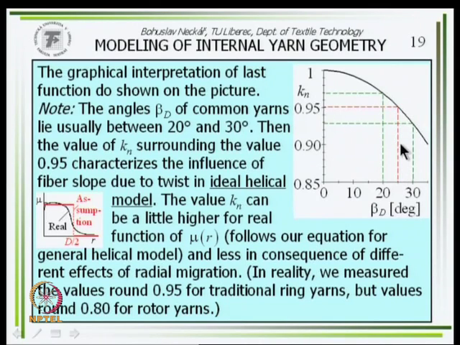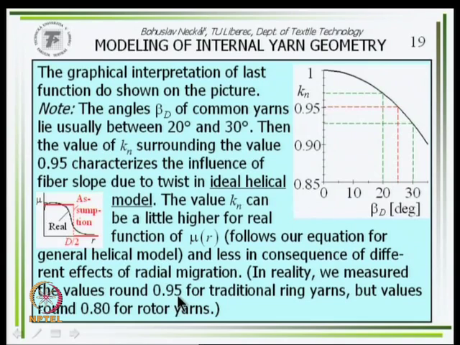So let's imagine the average value of 25 degrees. This is this red dotted line. To this angle corresponds the coefficient 0.95. When we experimentally measured coefficient Kn, or evaluated it based on microscopic preparations of cross-sections of yarns, then really we obtain a value around 0.95 for ring spun yarns.